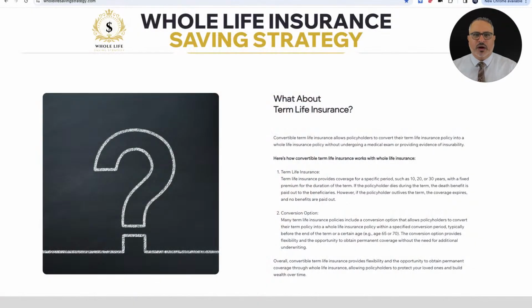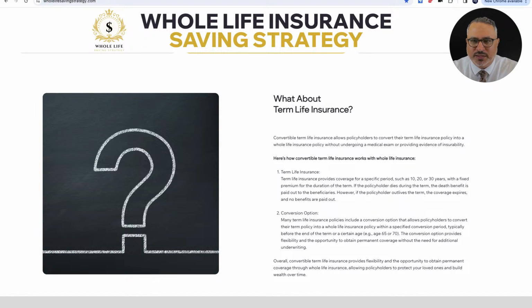So here we are at the wholelifesavingstrategy.com website, looking at the section on what about term life insurance. Term life insurance is the least expensive way for you to purchase a death benefit.